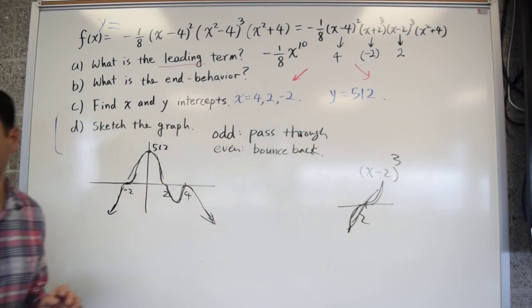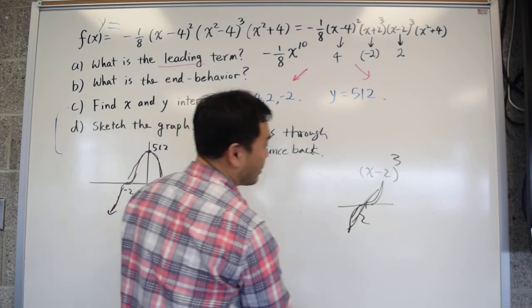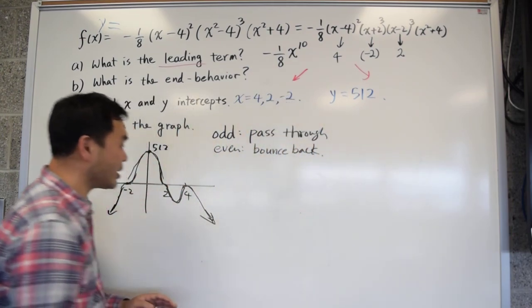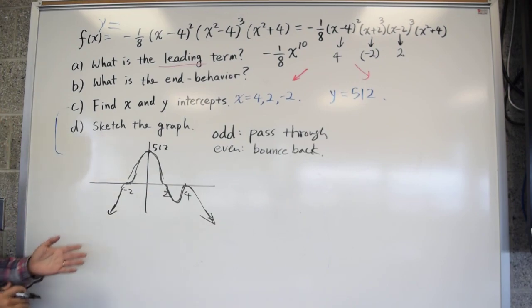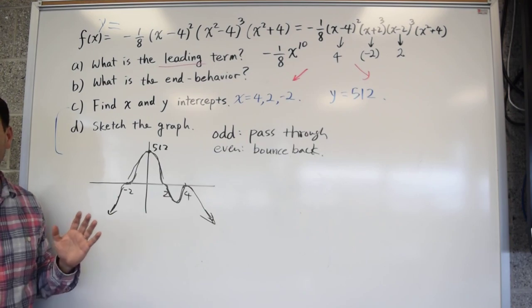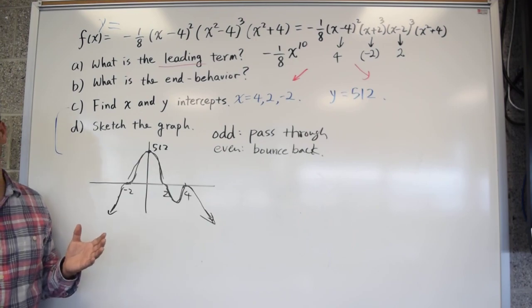So if it's to the power of 10, shouldn't there be like 10 parabolas? Oh, right. Okay, so turning point. The question that I just got is the following. Since this is a power of 10, shouldn't I be getting how many turning points? 9. It's up to 9. But that's actually the maximum number of turning points.